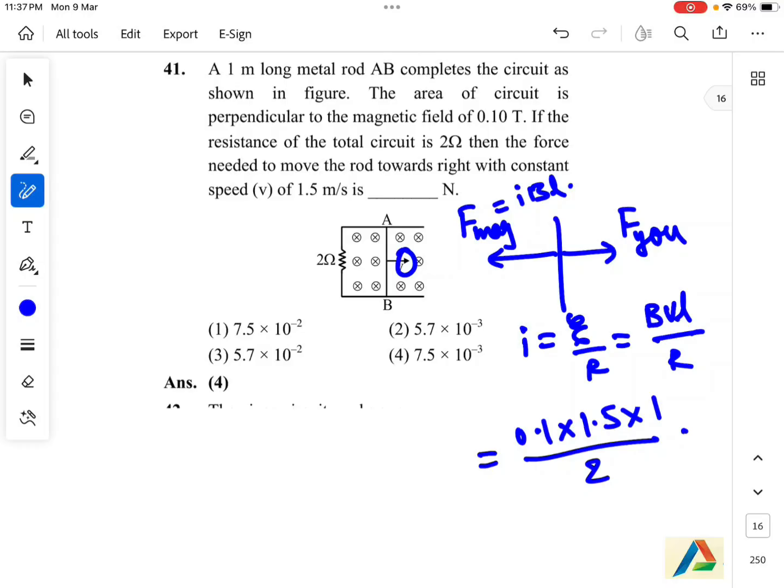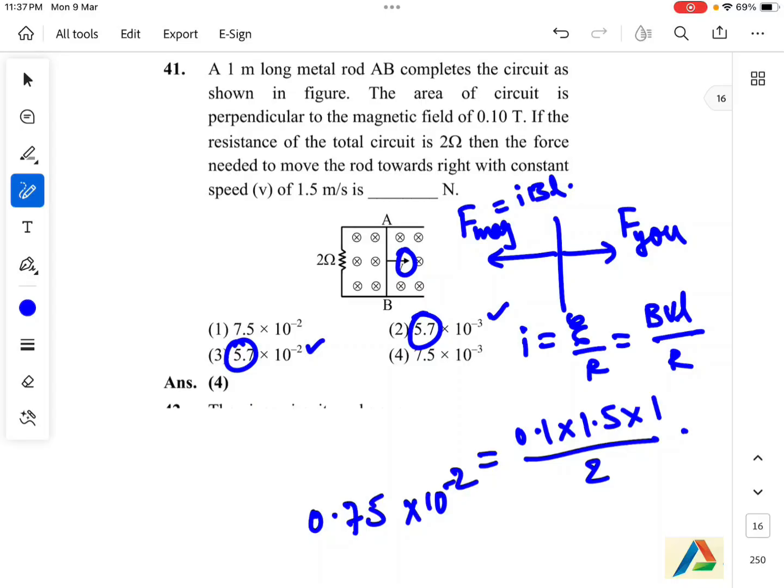Do you have to bother about the order? Yes, you have to bother about the order because you have two options where the numbers are the same but the order is different. So you need to take care of the order. So 0.1, this is 3 by 4, that is 0.75 multiplied by 10 power minus 2.